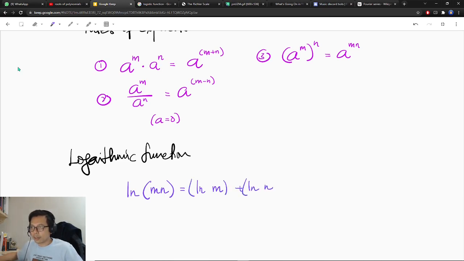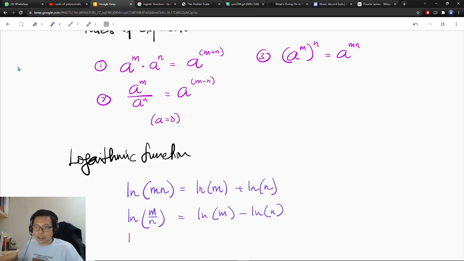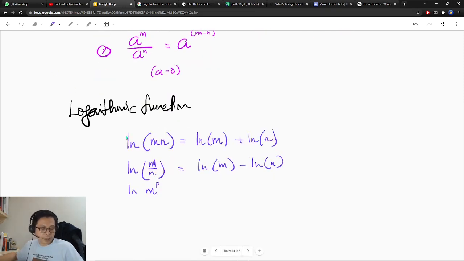And if you have a natural log of m over n, this just means that it's minus that. And finally, if you have a natural log of m raised to the power of p, then this will become p times natural log of m.